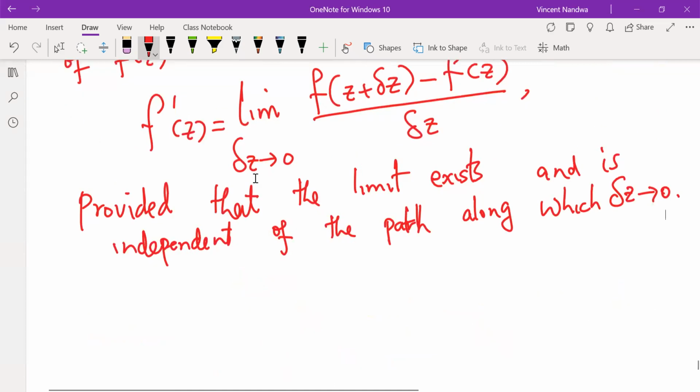So that's how we define a derivative of a function of complex variable.